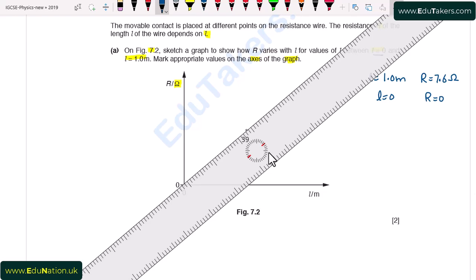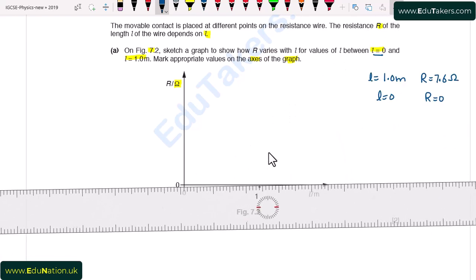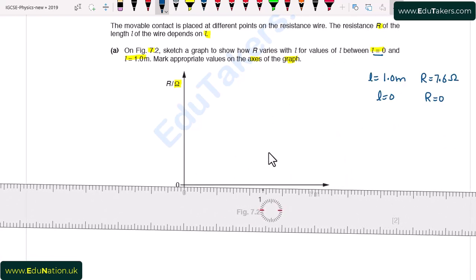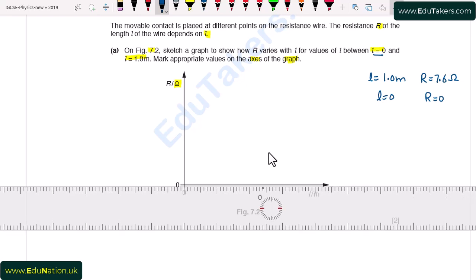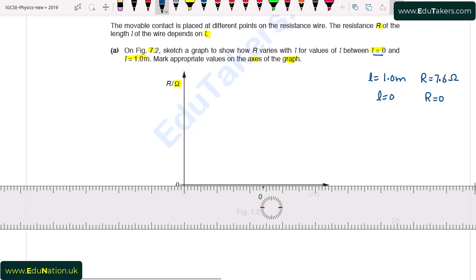So I am going to use the ruler. I am going to draw small points here.